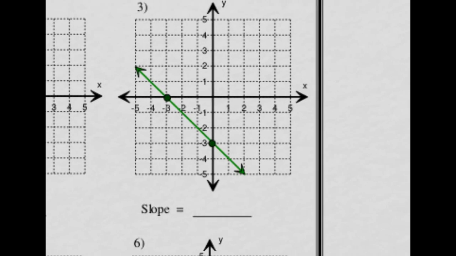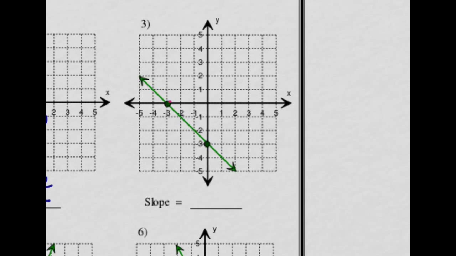Let's do number 3. Draw my line over. Draw my line up. You notice how it's not exactly on the line, but it's close? Do not create your own lines, I should say. Utilize the ones that they provide you.